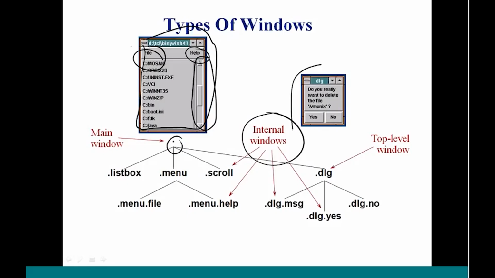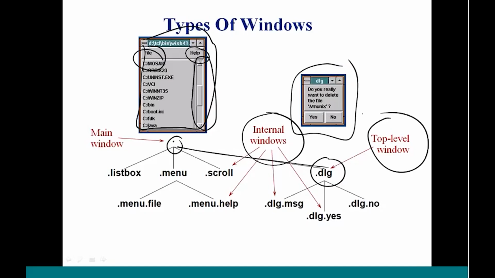Now if you click something and it opens a dialog, the dialog comes under the main window. So dot dialog is also called the top level window. And for this one there is a message, which is this text here, and then yes and no. Those are the only two additional things for this.